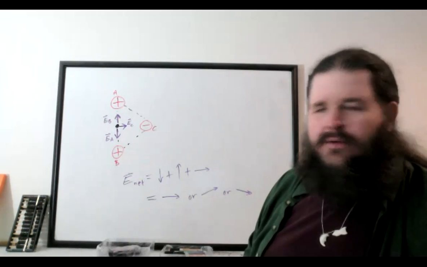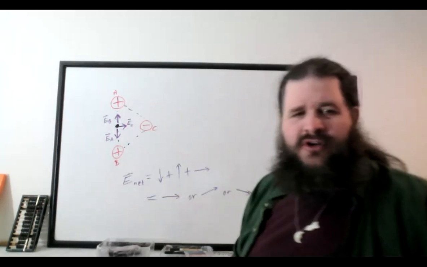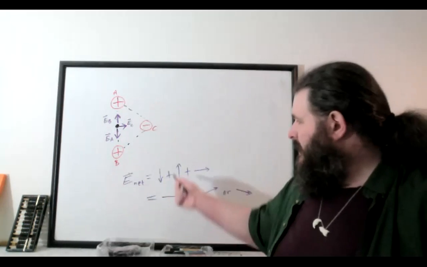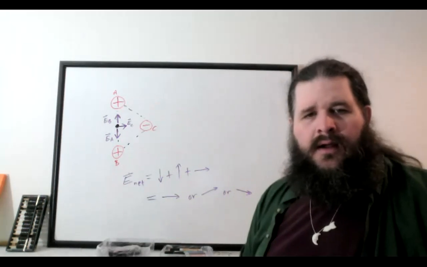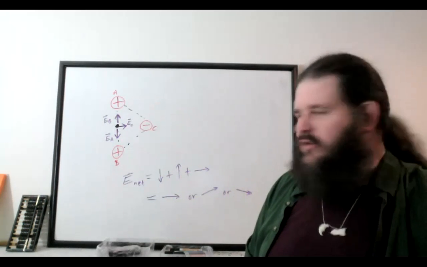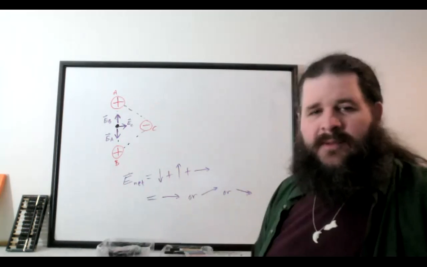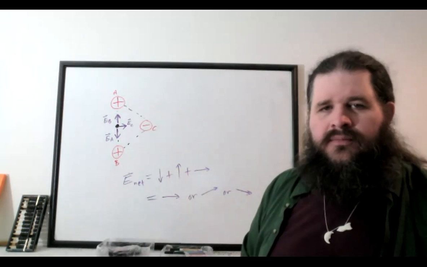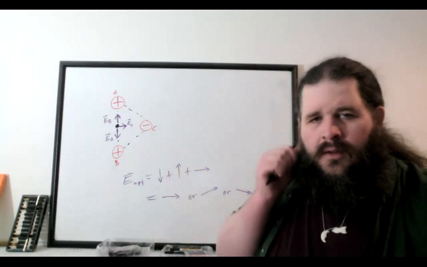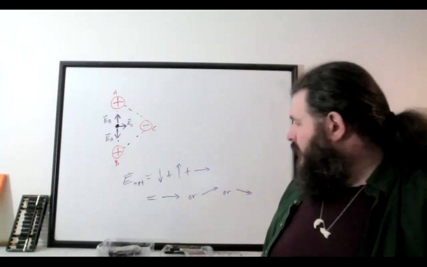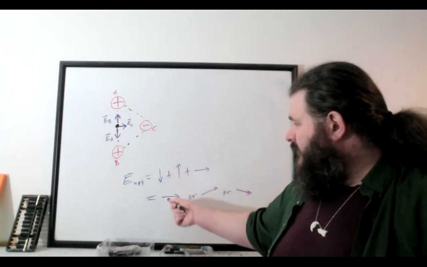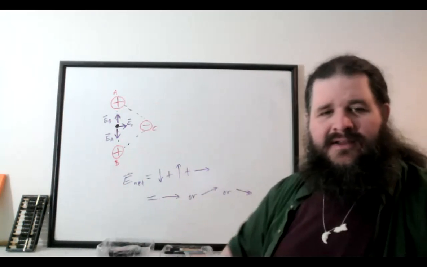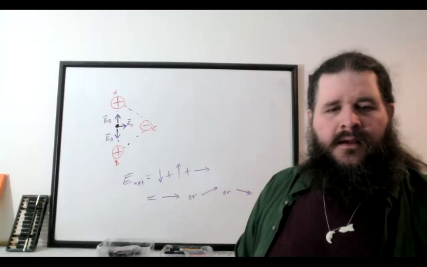If we do assume that all these charges are the same amount of charge, then yes, the EA and EB will cancel out. Okay. If we don't know for sure what the charges are, we don't know how strong these magnitudes are. Got it. So they might or might not cancel out. But assuming that they are the same amount of charge, then EA and EB will cancel out. So we just get EC to the right is the total electric field.